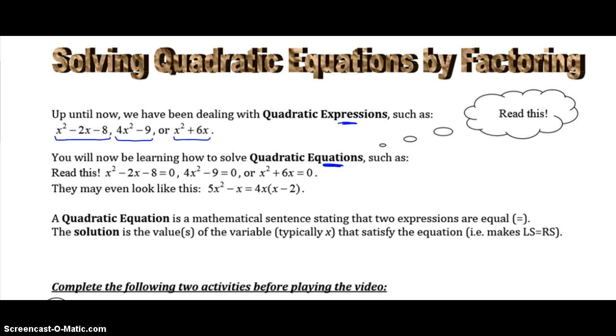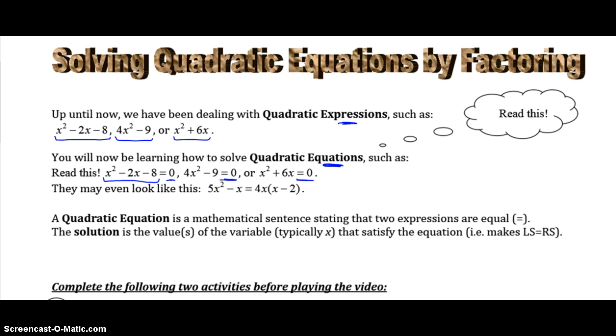The only difference between a quadratic expression and a quadratic equation is now we have our expression equal to something. So same thing, our trinomials, our difference of squares, our common factoring, but they are now all equal to something. And they're not always equal to 0.